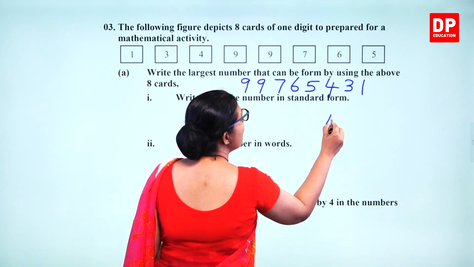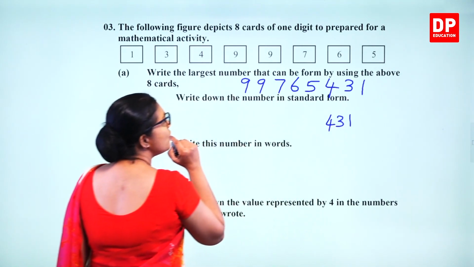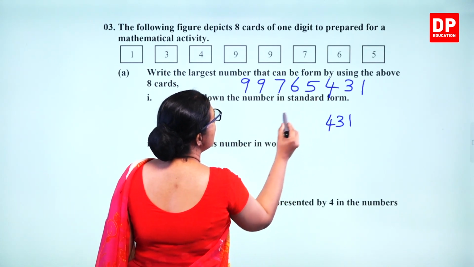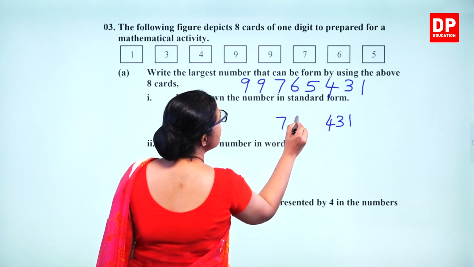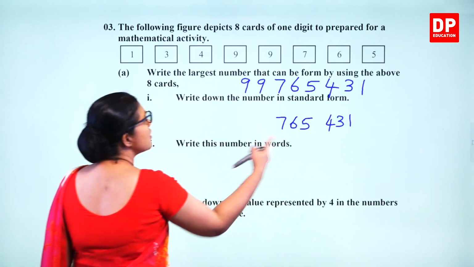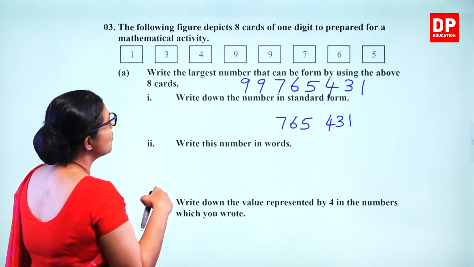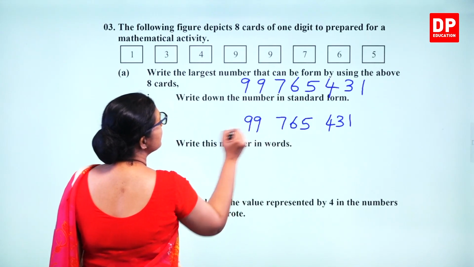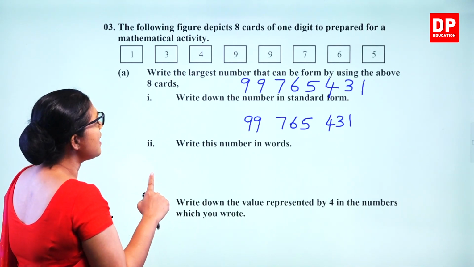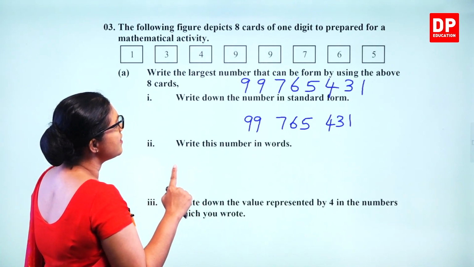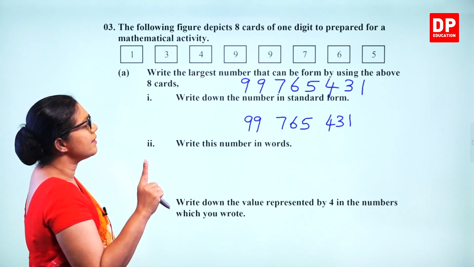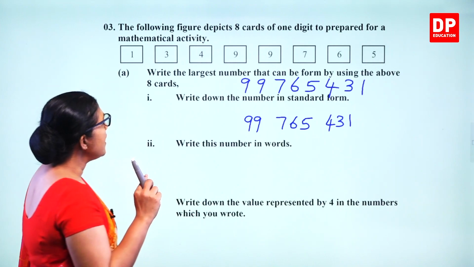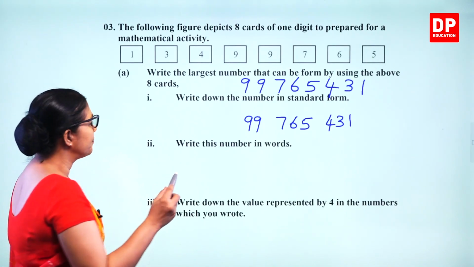So 431, that's units place, and then you keep a space, 765, that's thousands zone, and then you get 99, that's millions. So 99,765,431. So you have to leave a space there. Write this number in words.